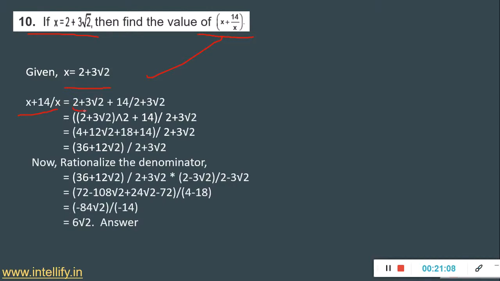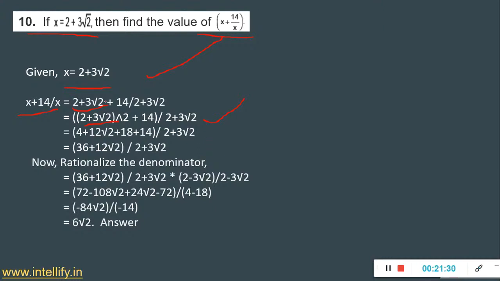Value of x is 2 plus 3 root 2 plus 14 by 2 plus 3 root 2. In the numerator we get 2 plus 3 root 2 square plus 14 by 2 plus 3 root 2. If we take LCM, that is 2 plus 3 root 2.